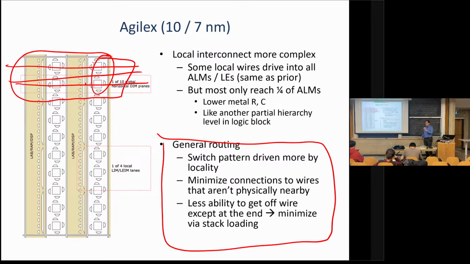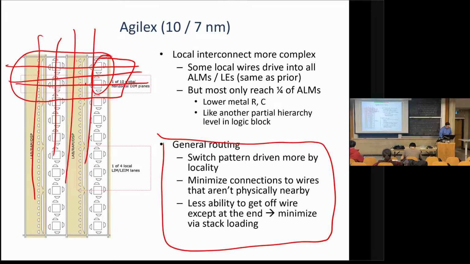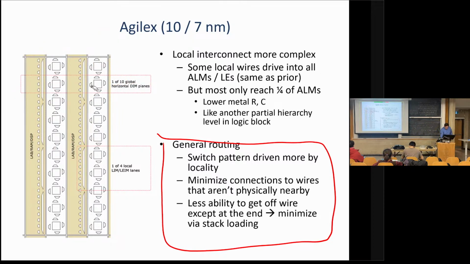The majority of your switching is wires that are kind of close together. And I haven't shown the vertical wires here, but basically there's a lot of complicated layout that happens. You get vertical wires that kind of go onto little horizontal stubs, and it's the same idea. You'd have a certain group of vertical wires that have horizontal stubs, and you connect to those ones. They also increasingly, for the wires that go between logic blocks, want to get on one end and get off at the other to minimize via stacks, even for fairly short wires.